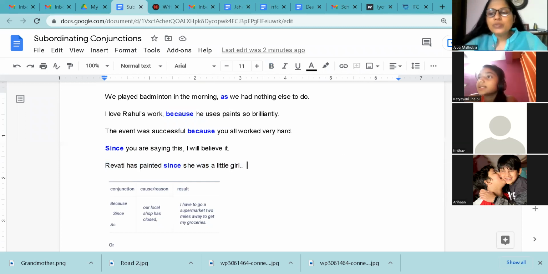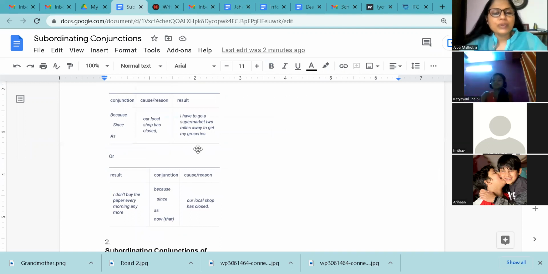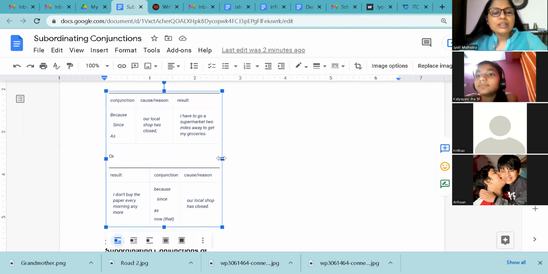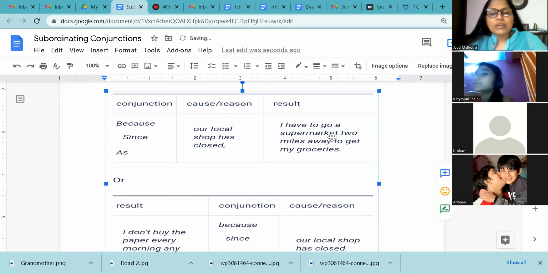All right. Now to understand this a little better, I have brought this for you. So these are the three conjunctions of cause or reason, right? Because, since, as. So let's see. I have to go to a supermarket 2 miles away to get groceries. What is the cause? Our local shop has closed. That's why I have to go.